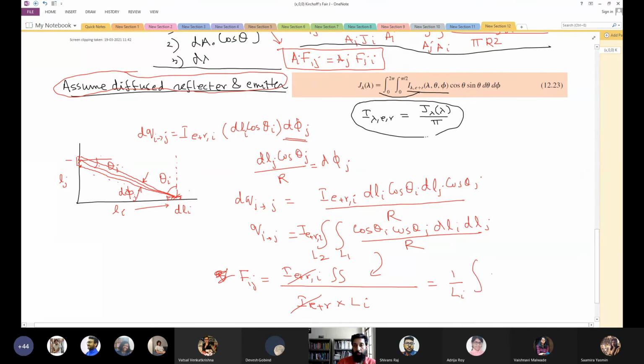Actually, it's 1 by Li, integrated over Li, integrated over Lj, cos theta I cos theta j dli dlj divided by R. Just instead of R square, we have R. There is no pi, and 1 by Li.